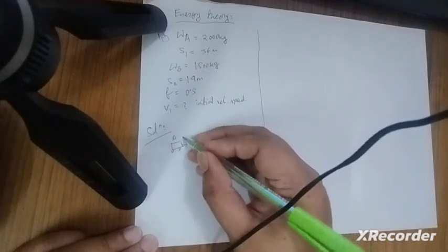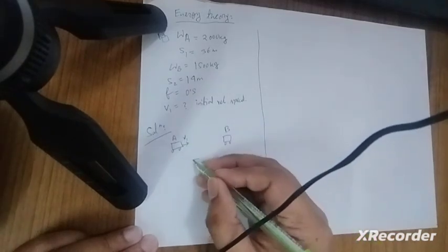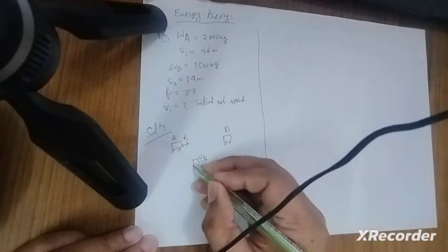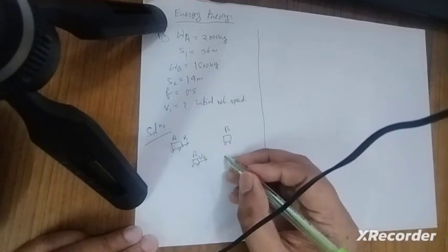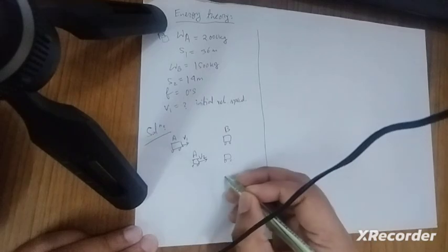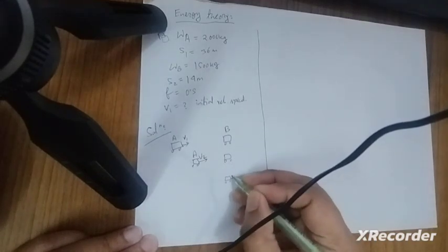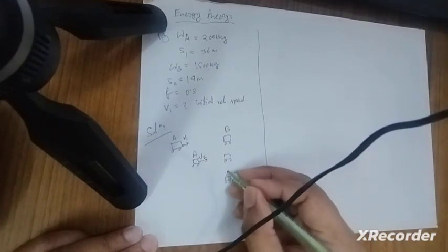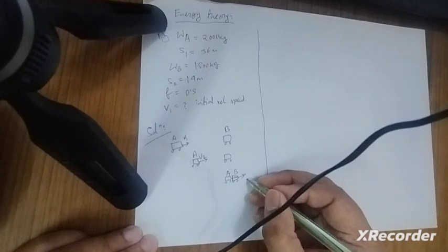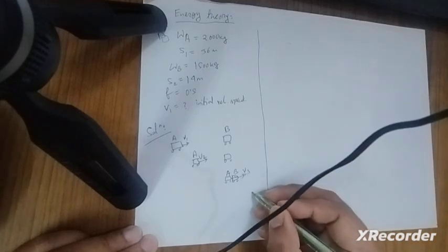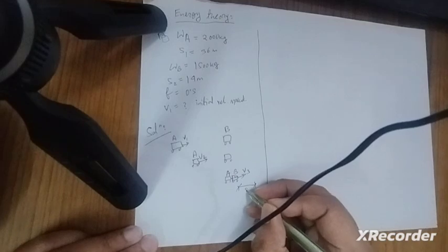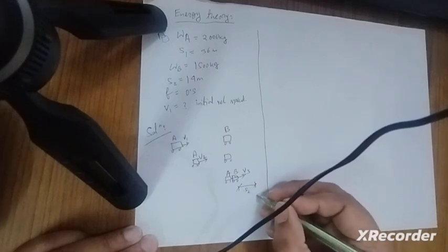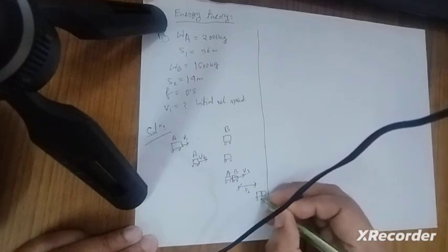When vehicle A travels, its speed is V1, and when the brake is applied, the speed is V2. It will collide with B, and A and B will travel together at V3 speed, and travel up to S2 distance and stop together after S2 distance.